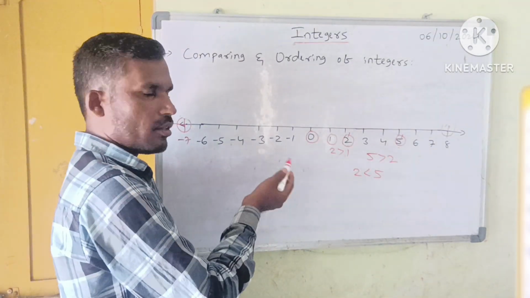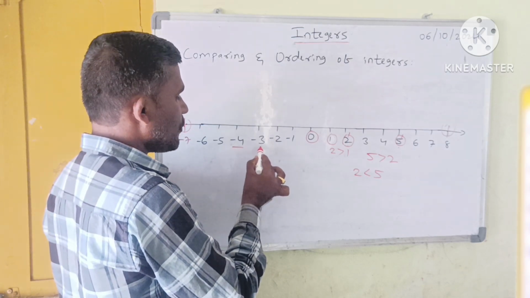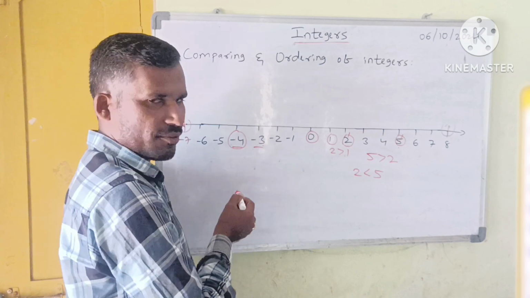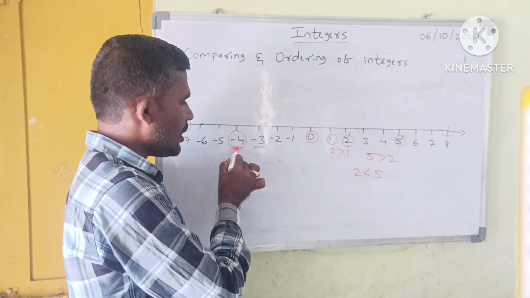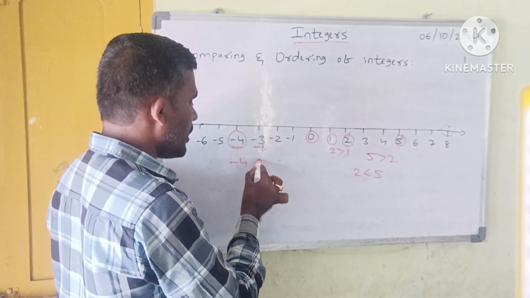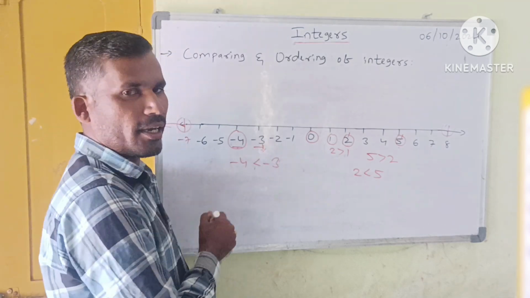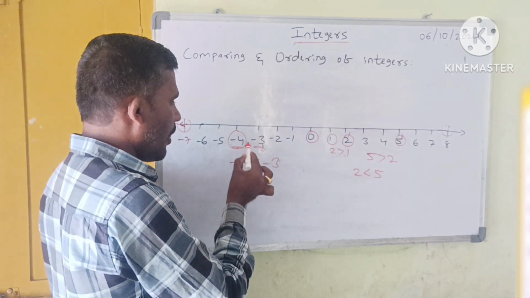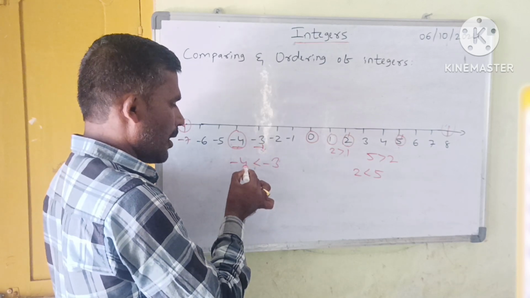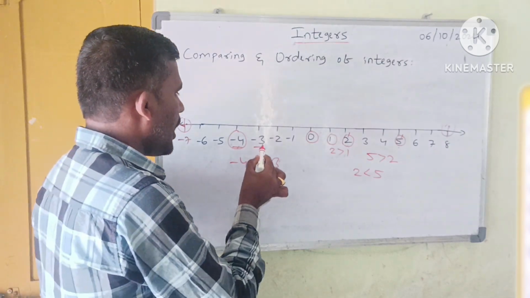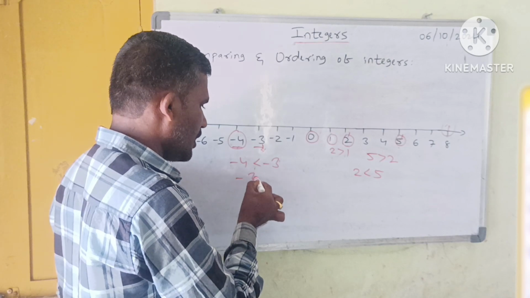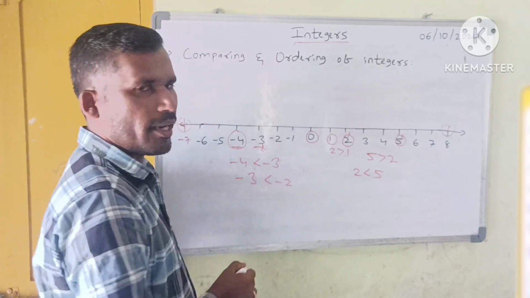Now in the negative numbers, I am taking minus 4 and minus 3. Minus 4 is on the left side of minus 3, so minus 4 is less than, smaller than minus 3. And minus 3 is on the left side of minus 2, so minus 3 is less than minus 2.